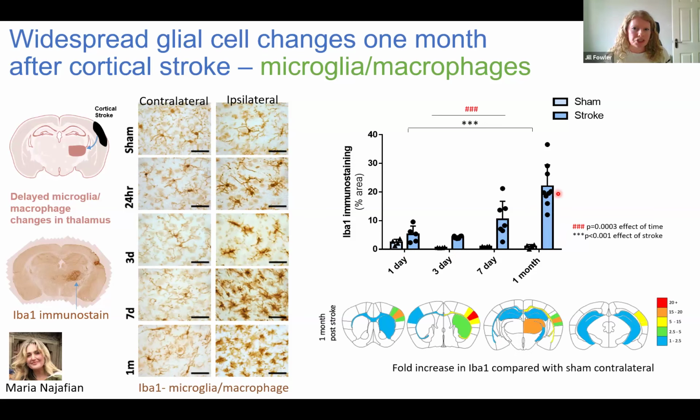And in fact, it wasn't just within the thalamus that we saw these microglial changes. We saw them spread throughout the brain to other anatomical areas, which were usually anatomically connected with the stroke lesion. So for example, we could see the changes in contralateral white matter tracts, contralateral cortex, ipsilateral thalamus, and internal capsule.